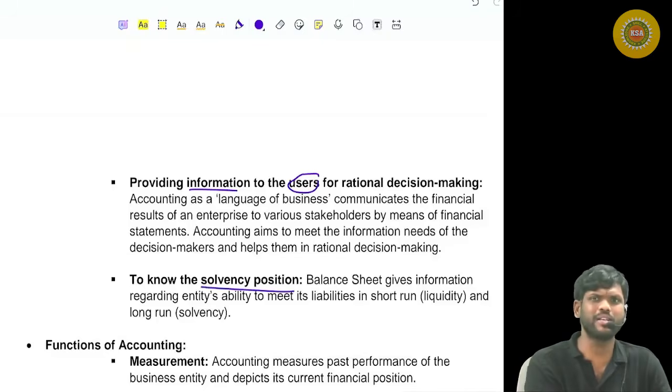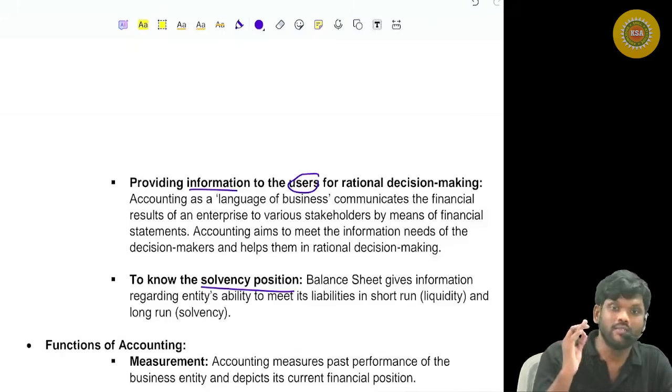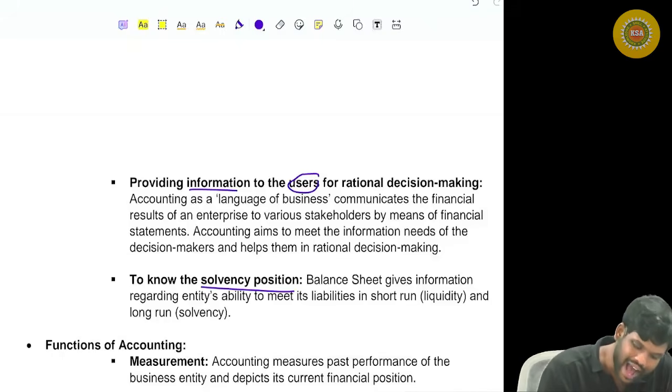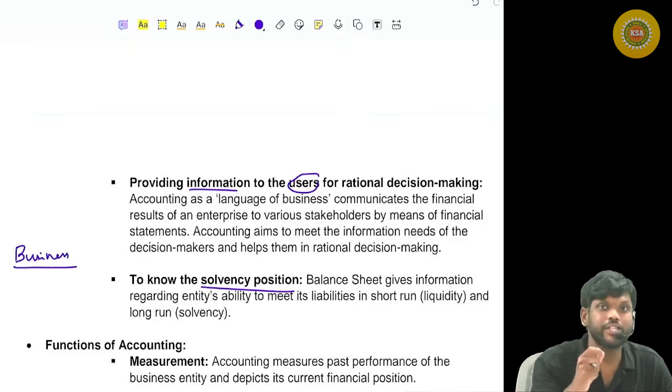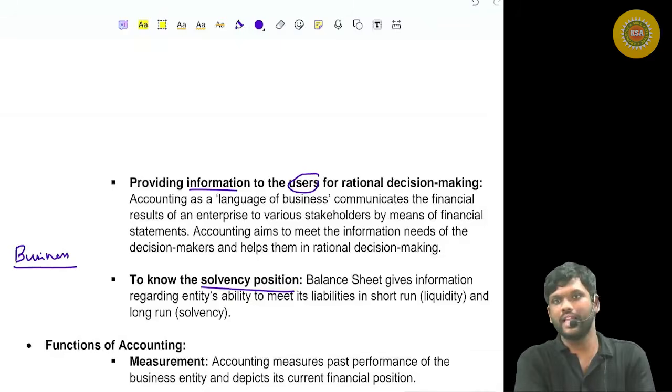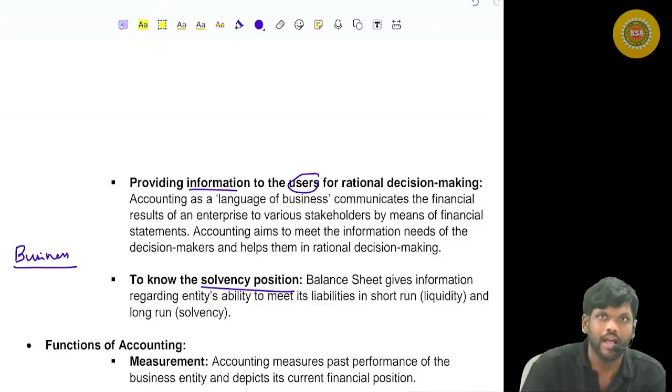Sir, what do you mean by solvency position? Solvency position means analyzing whether a business has sufficient assets to repay the liabilities. I am repeating it again.